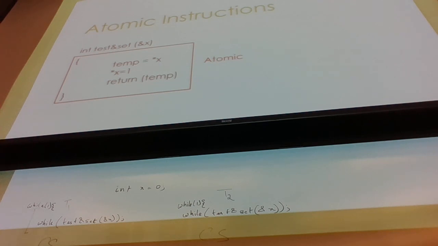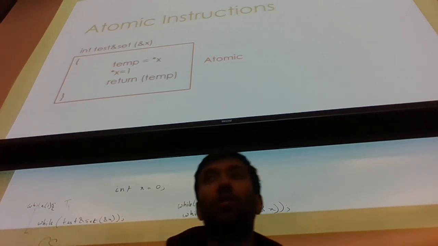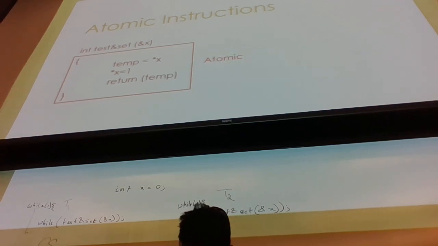Yes? Will this work for more than 2 processes? Will it? Okay. So his question is, will this work for more than 2 processes? So if you have a third process, let's say you had a third process.